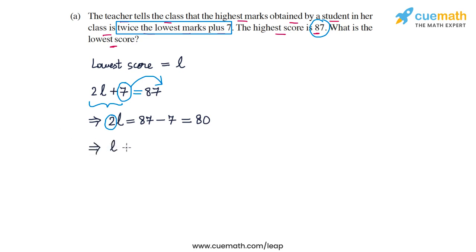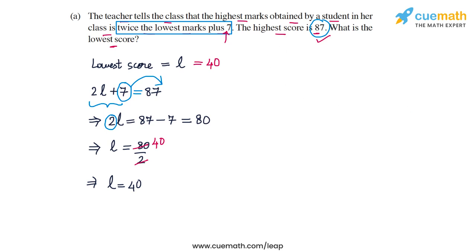So we will get L is equal to 80 by 2, and 80 by 2 is 40. So L is equal to 40. So the lowest score in the class is 40 marks, and we can verify that the answer is correct. Twice the lowest marks will be 80, and 80 plus 7 will be 87, which is what is given to us. So that completes part A.